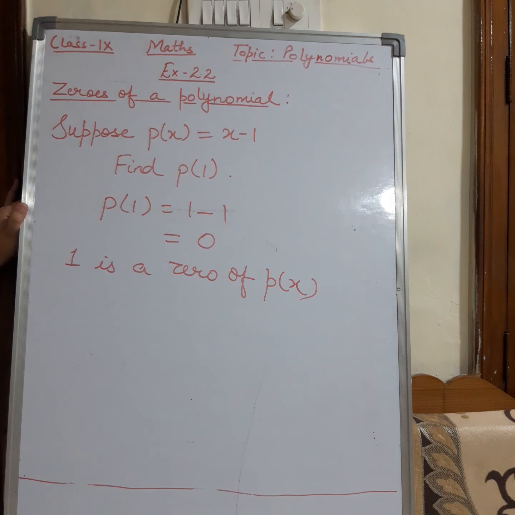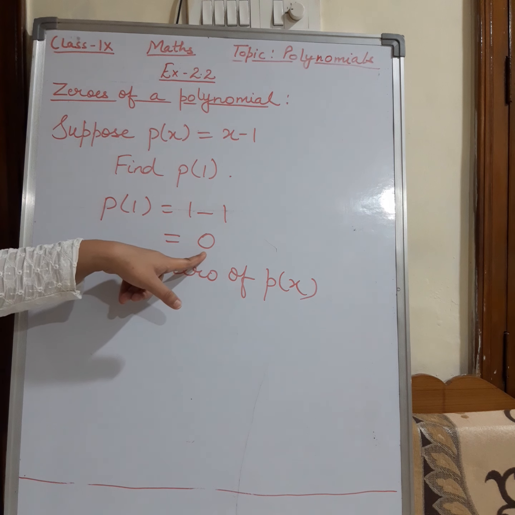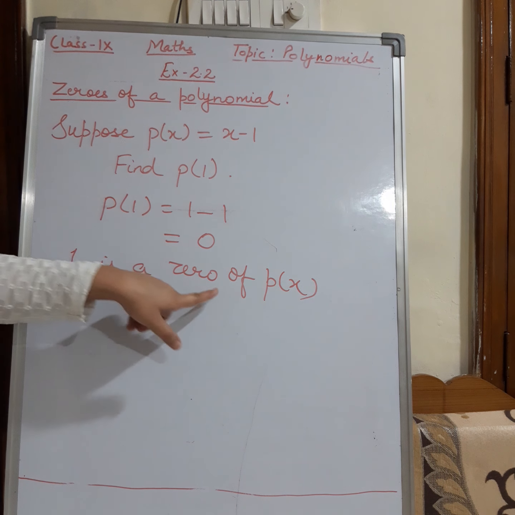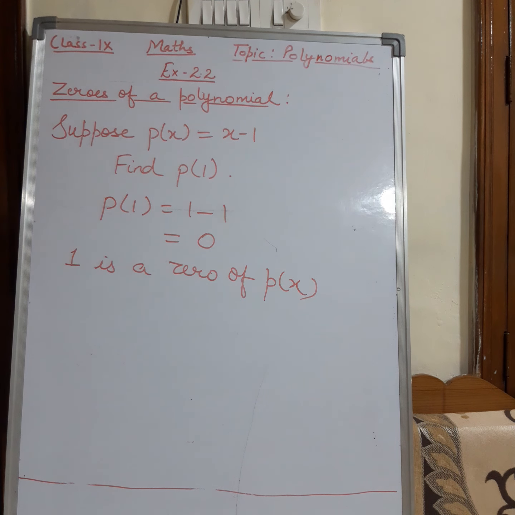That means if after putting the value of the variable in the given polynomial, that variable can be x or y or t, if I am getting the answer as 0, that means that particular value which we have substituted is a zero of the given polynomial.